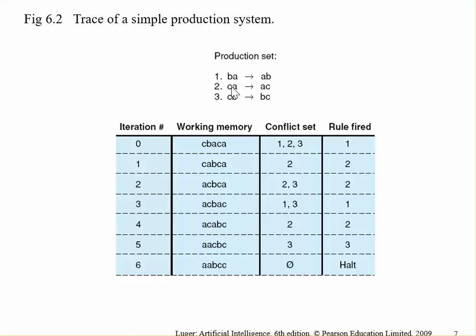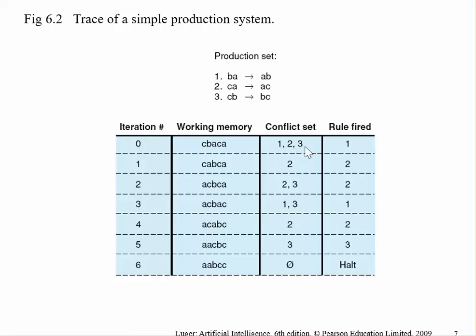Is there a BA in the string? I see a BA, so we add rule 1 to the conflict set. The conflict set is the set of rules matched by the information in the working memory. Now CA: we see a CA, so we add 2, and CB is there too.